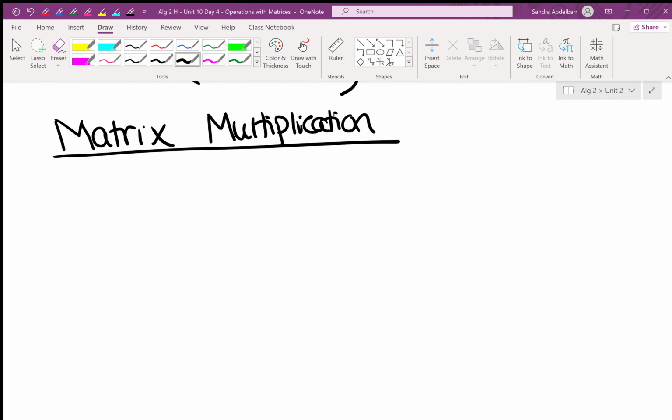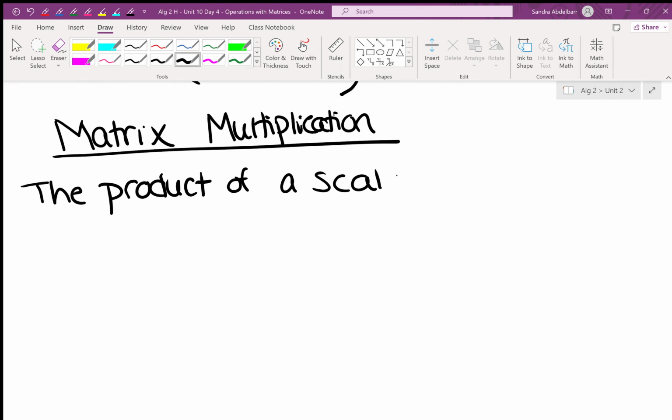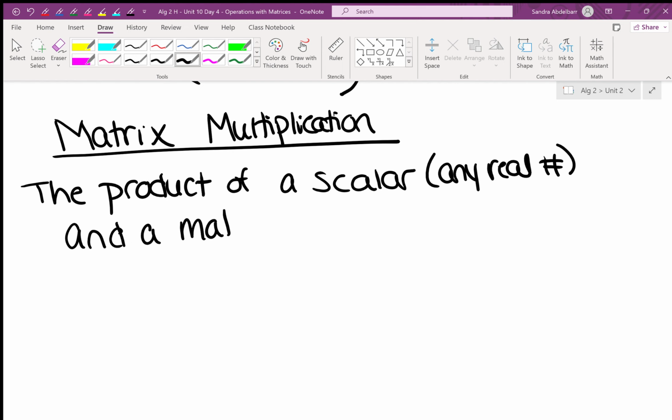I'll write that down for you. The product of a scalar, which is just any real number, and a matrix: just distribute in the scalar.